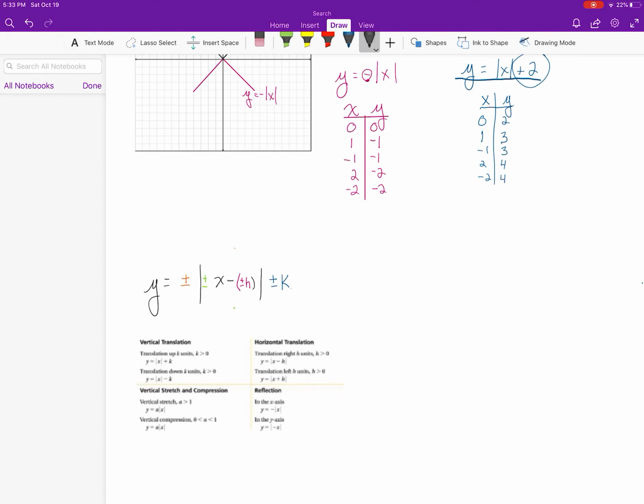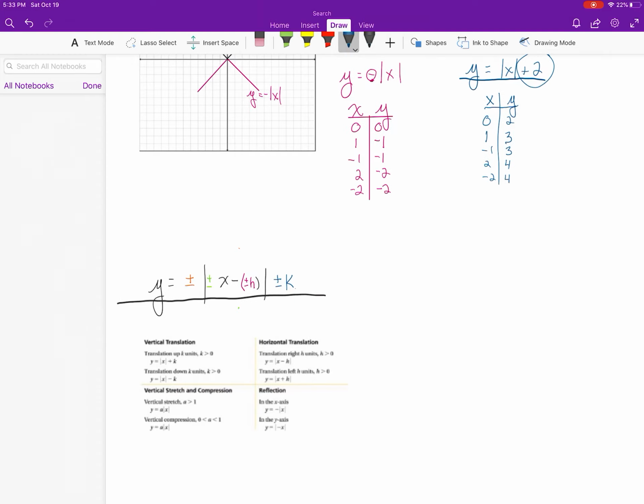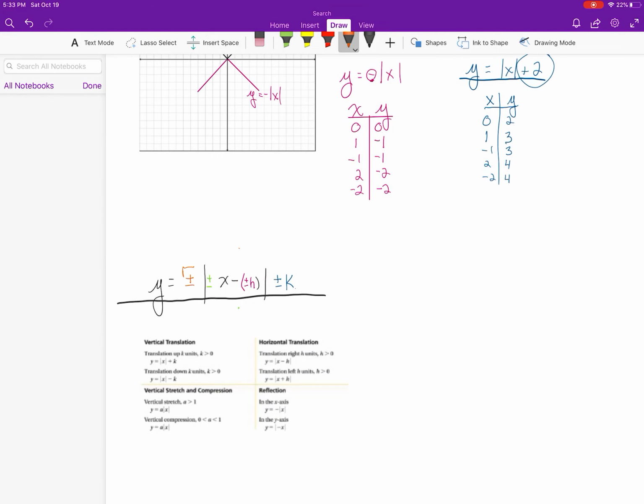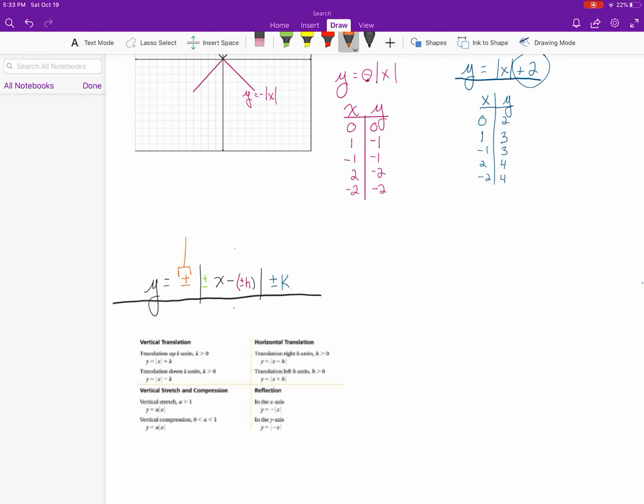So there's our general form equation for absolute value. It should look very familiar with one slight difference, right? Let's just go through them. Here we have, that's going to tell us reflection over the x-axis.